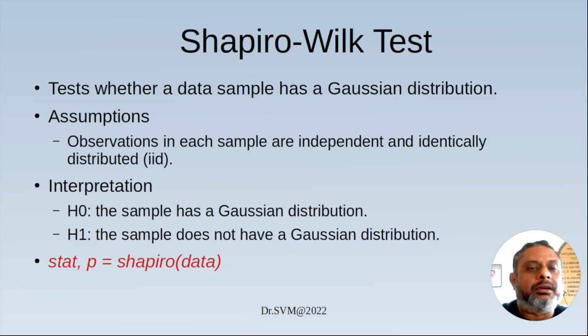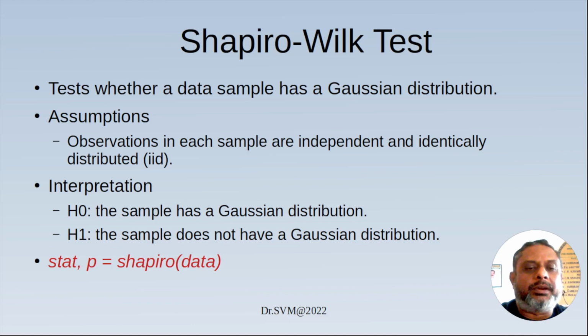Here the assumption is that the observations in each sample are independent and identically distributed. Of course, that's one of the important properties when we work on probability and statistics. We would like to work with independent and identically distributed data sets.